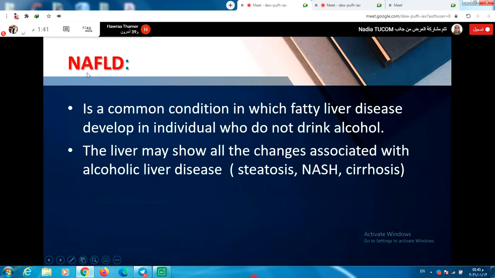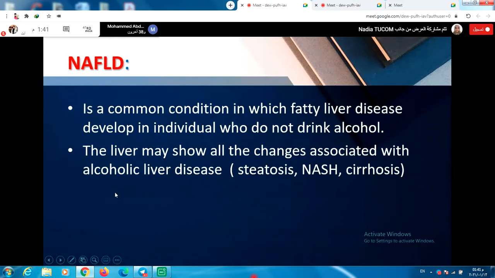Obesity is the most common cause, diabetes, and so on. It is a common condition of fatty liver in developed countries and in patients who do not drink alcohol. The liver may show all the changes that are seen with alcoholic liver disease.